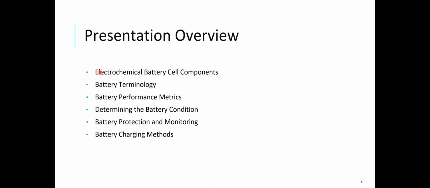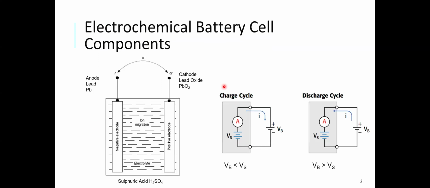All right, so let's jump in and talk about electrochemical battery cell components. This is a simple diagram that shows the parts of a battery. We have an equivalent circuit over here of the battery. A battery has a positive and negative terminal over here, and over here we can see the physical design of a battery.